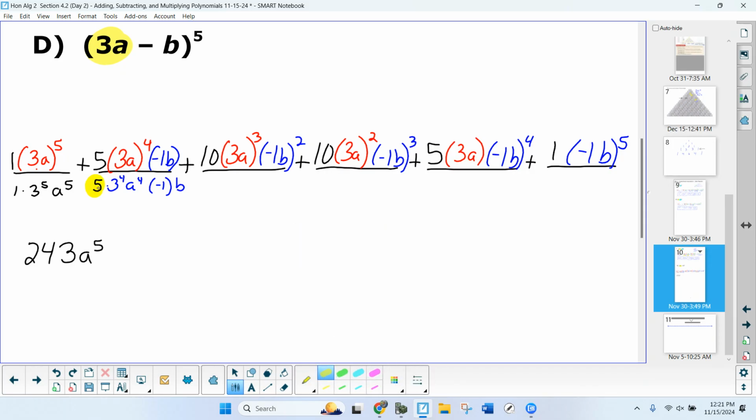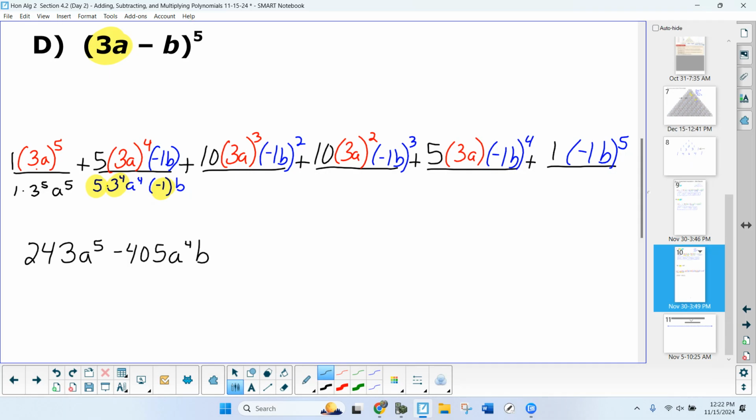I am multiplying 5 times 3 to the 4th times -1. What is 5 times 3 to the 4th, which is 81, times -1? -405. And then I'd have a to the 4th b.